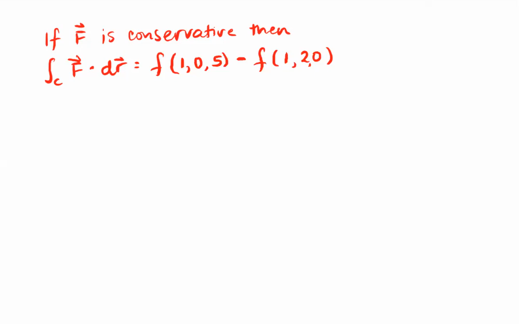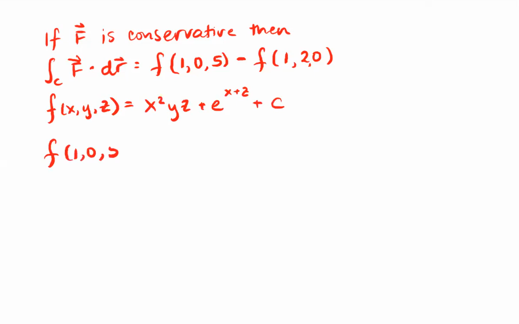They should have. Okay, so what is F? F, we just figured out was X squared YZ plus E to the X plus Z plus C. Okay, so I mean, you don't need the plus C because you just need any potential, but I'm just writing it there.